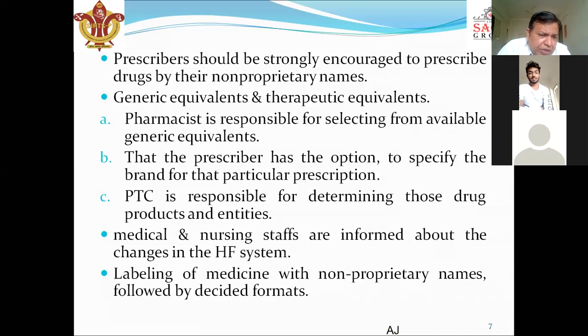If PTC makes any changes in the hospital formulary system, then medical and nursing staff must also be made aware of those changes. Labeling of medicine is with the non-proprietary name, followed by the decided format.